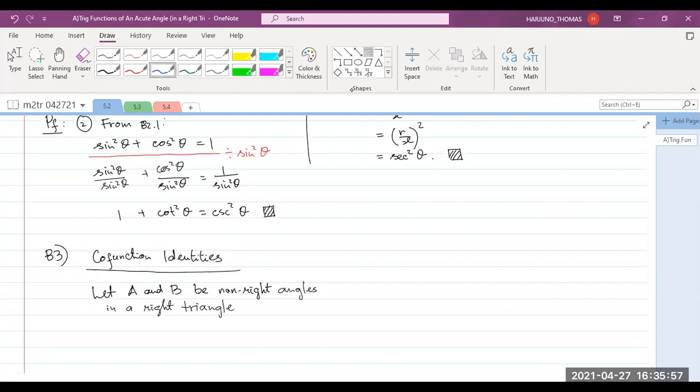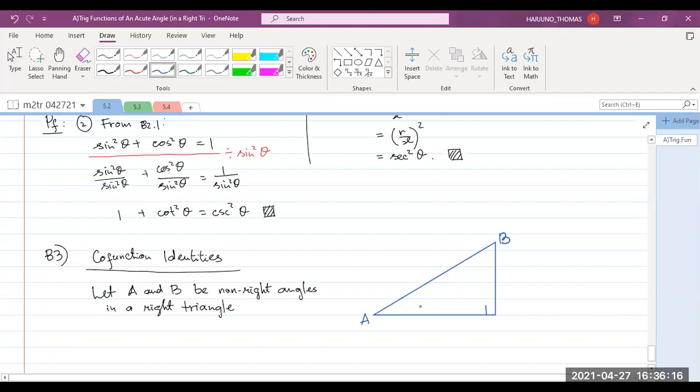So if you have a right triangle, let me make it a bit bigger. And A and B are not right angles, so they must be the acute angles, right?